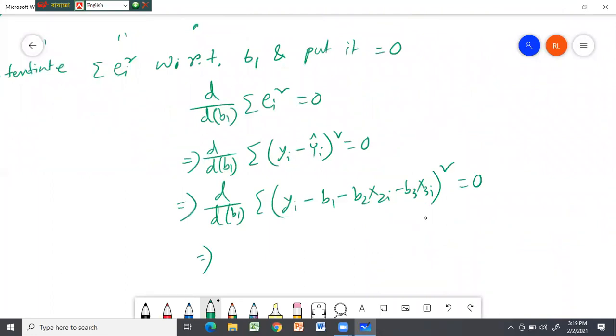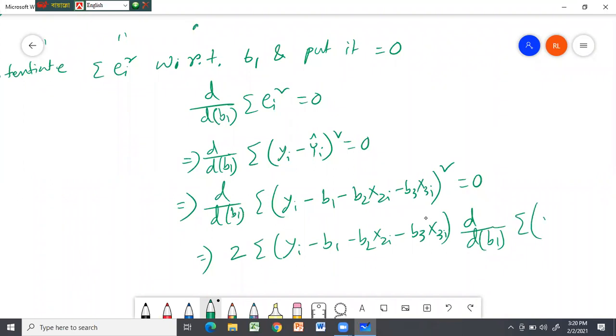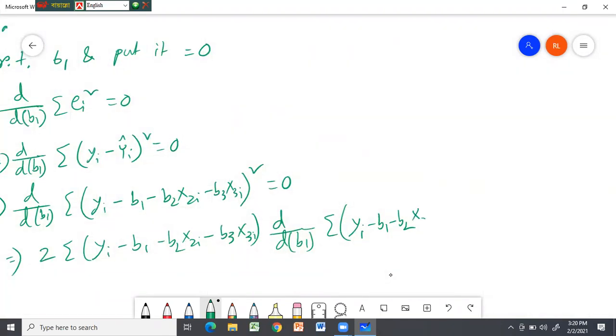Then you have 2 as the exponent, so that will come in front, and it becomes 2 times yi minus b1 minus b2 x2i minus b3 x3i, and you will have to differentiate the inside portion and put it equal to 0.